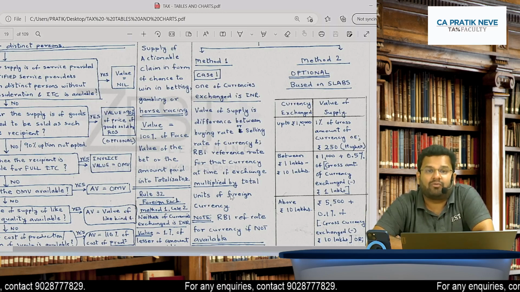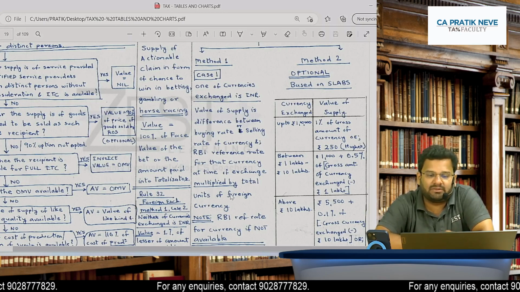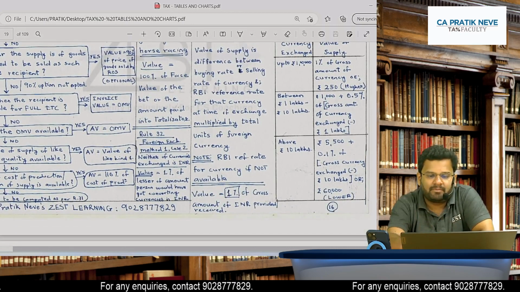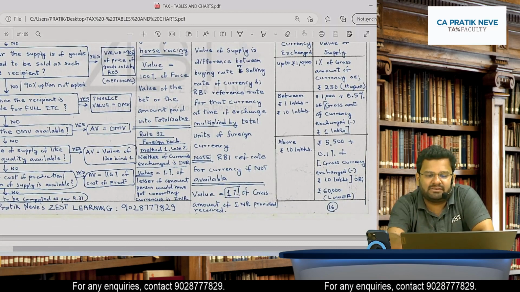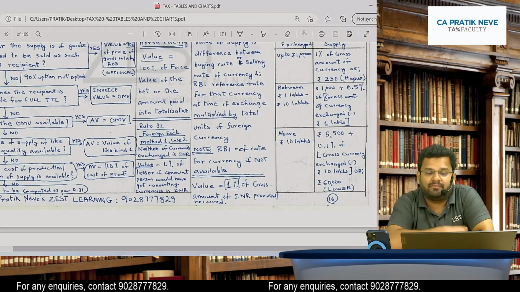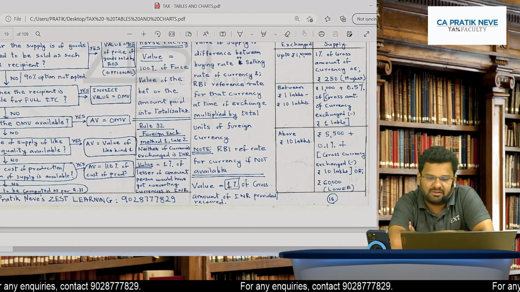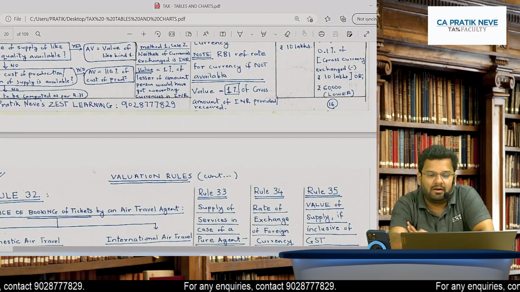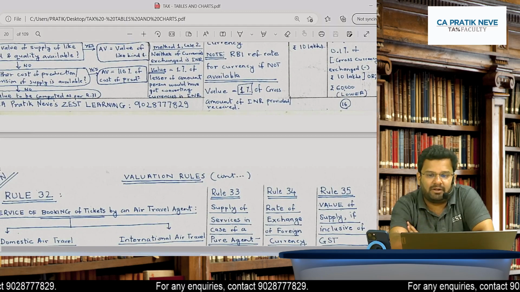Okay, and of course that is multiplied by number of currencies exchanged. And if RBI reference rate is not available, then you take 1% of amount of Indian rupees received or given. Okay, that is the point.